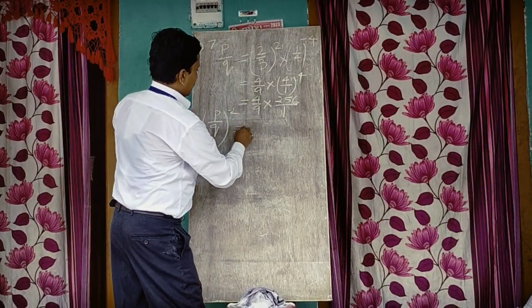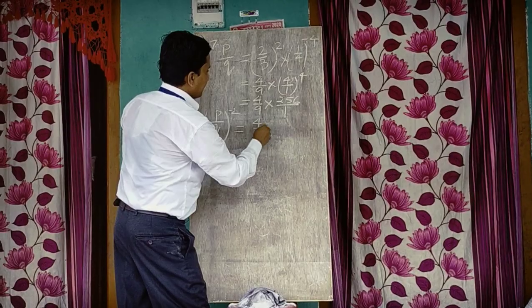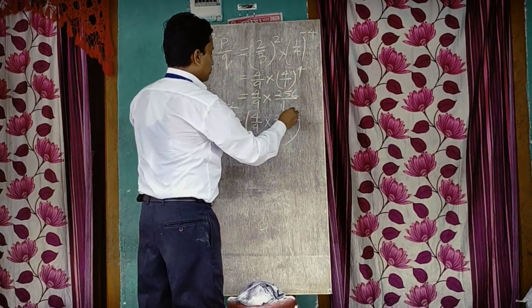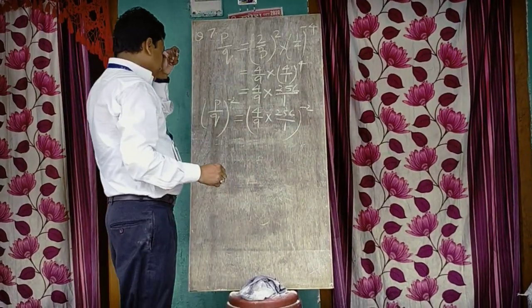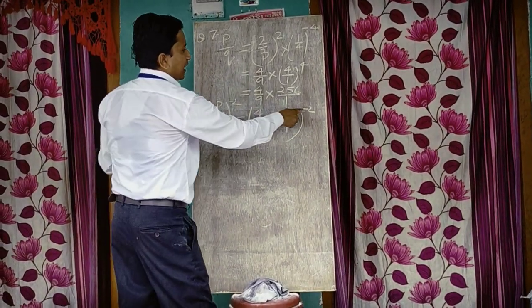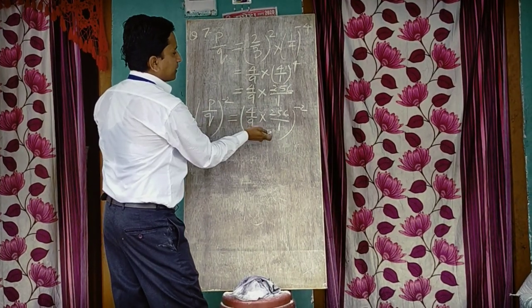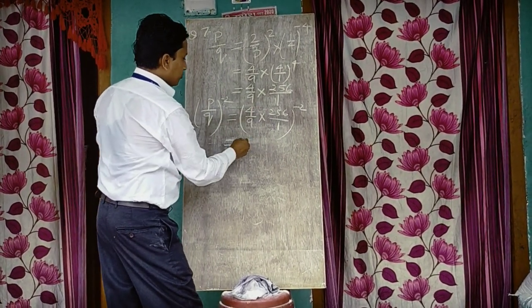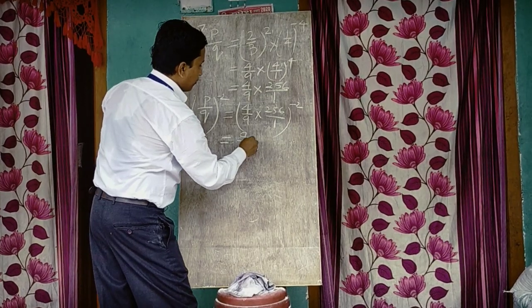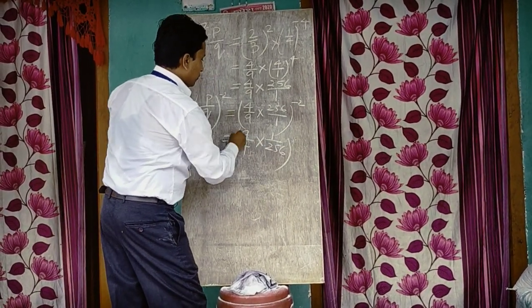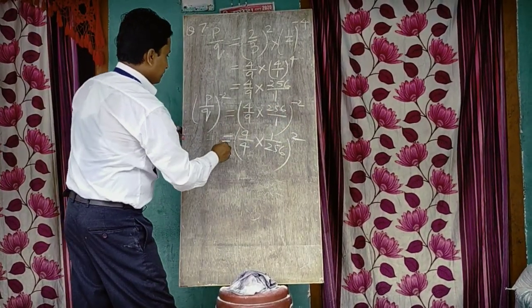So this is equal to (4/9 into 256/1)^-2. Now when there is a sign of minus, so change denominator into numerator and numerator into denominator. The (9/4 into 1/256)^2.